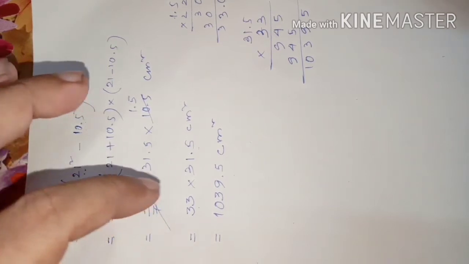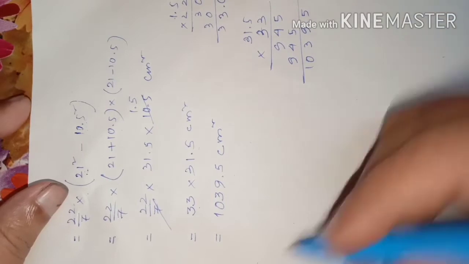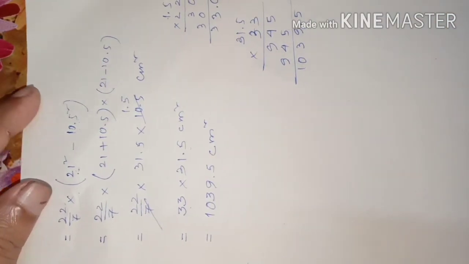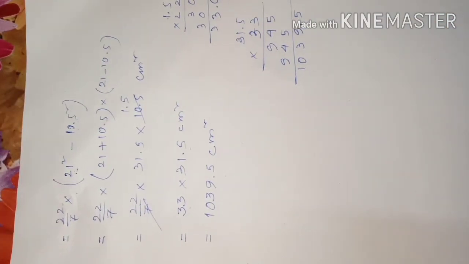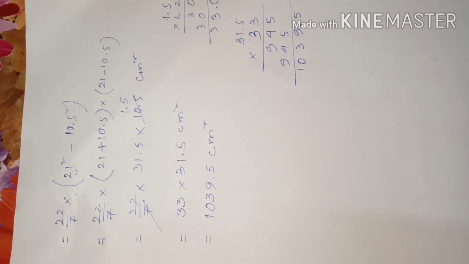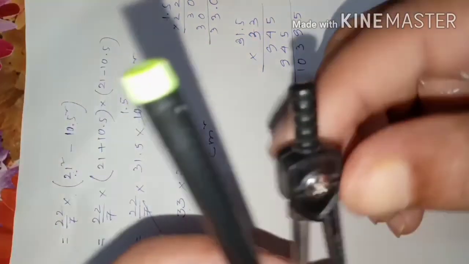Just see, we have learned the area of the gold region. Now we will find the area of the next region, the blue region, between the second circle and the third circle. Let us draw and see the picture. So here it will be like this.